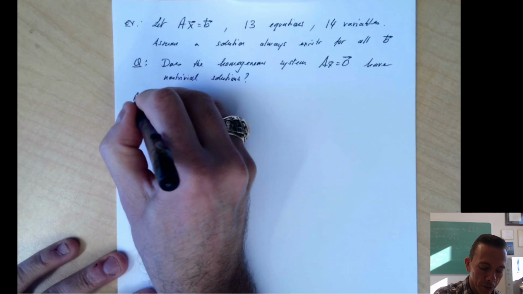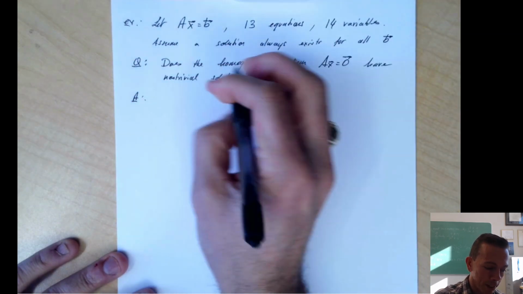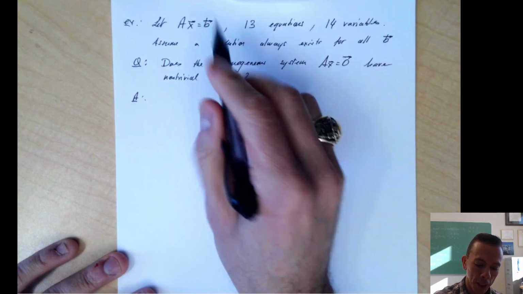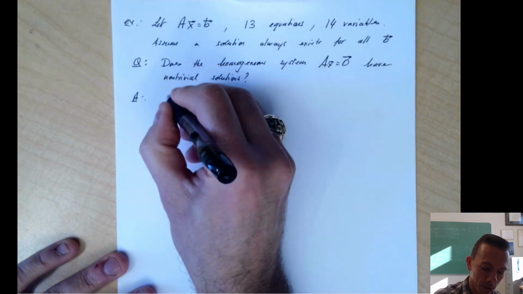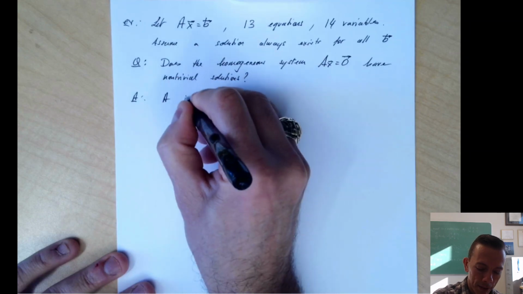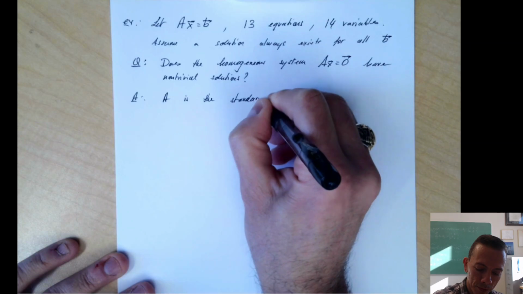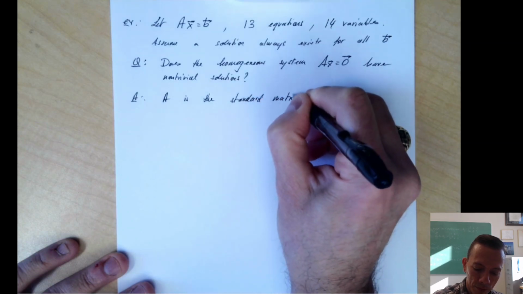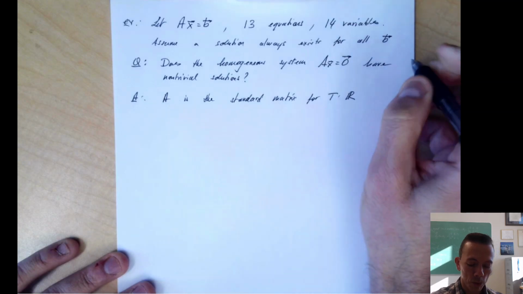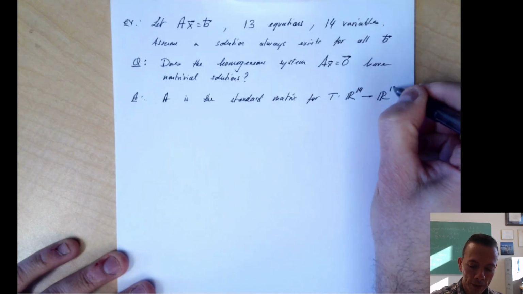So first of all, to find the answer to this question, notice that the matrix A is a matrix that has 13 by 14 in its size, so it can be seen as the standard matrix of a transformation that goes from R14 to R13.